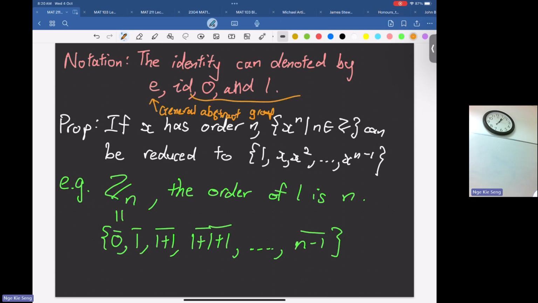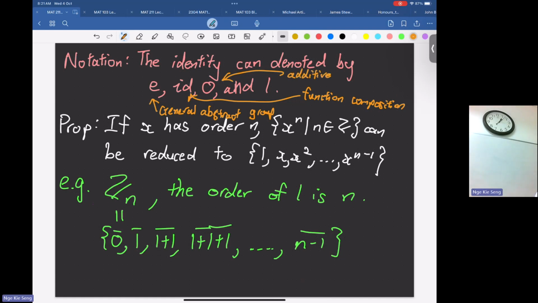Why do we favor the identity sometimes? Sometimes we deal with function composition, and with functions we write the identity because it's like the identity function, a short form of identity. Why do we favor 0 sometimes? Because 0 is the identity in the additive setting. When the group is adding together, we sometimes put 0.